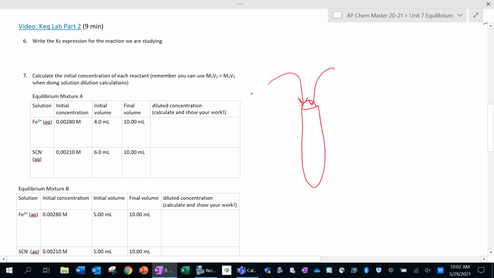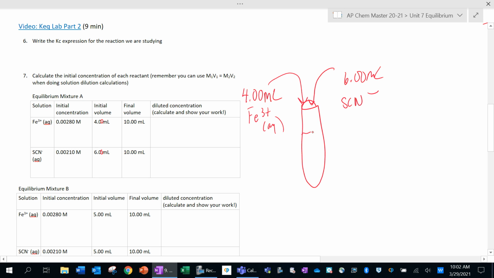In mixture A, we mix together 4 milliliters of the iron solution and 6 milliliters of the thiocyanate solution. There should actually be an extra 0 here, I'll fix that later. So this is 4.00. We mix those two together, and then these are our reactants.